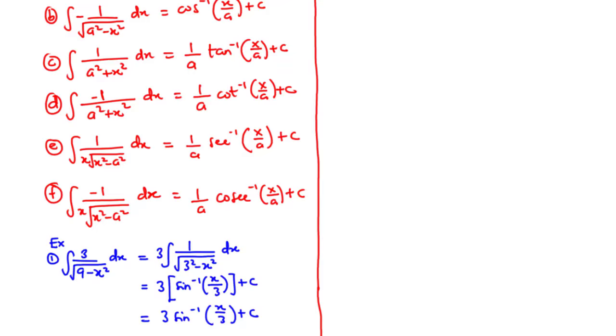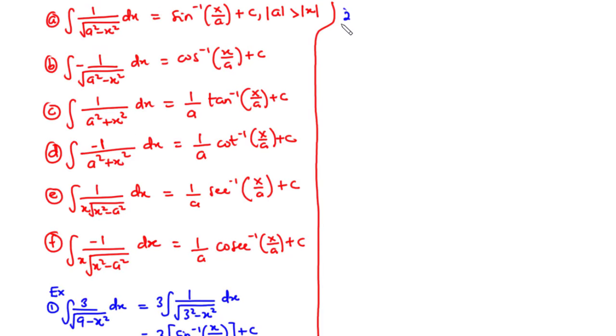Now let's move ahead. Let's take example 2. Here we want to find the integral of the function 2 over x squared plus 16 dx. Again we can pull out 2, and then we have the integral of 1 over x squared plus 4 squared. We can as well write this as 4 squared plus x squared, because addition is commutative.